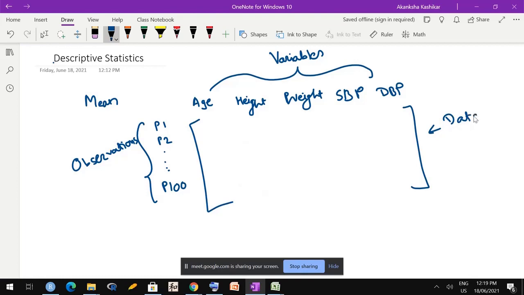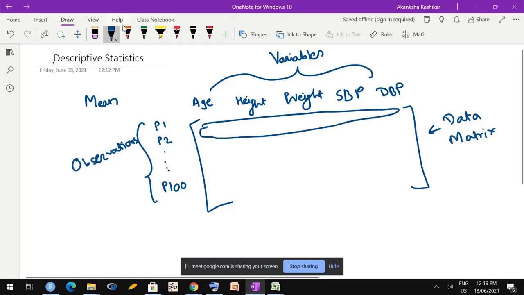This is important because when you start analyzing actual data, sometimes it might be in a transposed form, meaning you might have variables on rows and observations on columns. In that case, whatever formula we learn here would get changed. So it is better to stick to one notation. We will generally stick to this notation, where in my data matrix every row is an observation and every column is a variable.